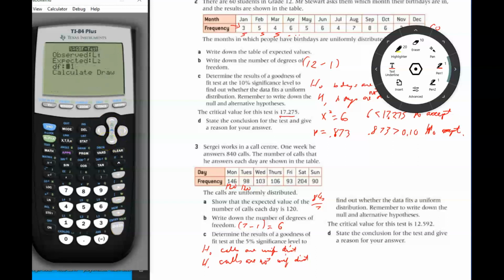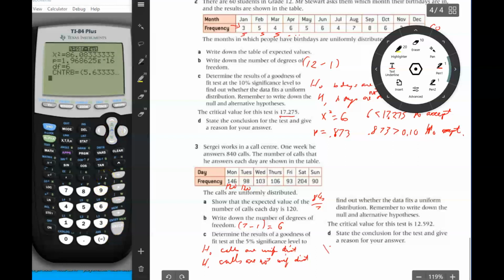The degrees of freedom in this case would be 7 days of the week minus 1, so it would be 6, and I press calculate, and the chi-squared value is quite big. It is 86.1, and the p-value is equal to something very small, 1.97 times 10 to the negative 16th.